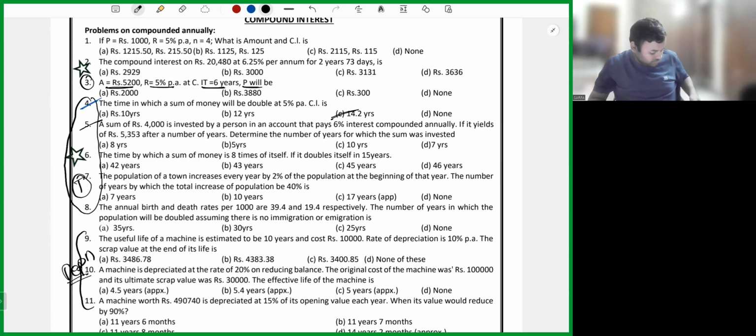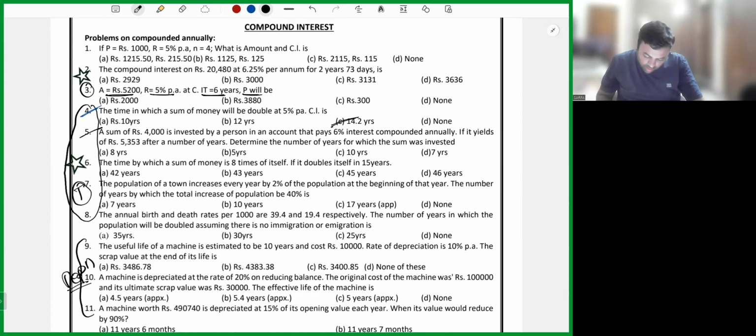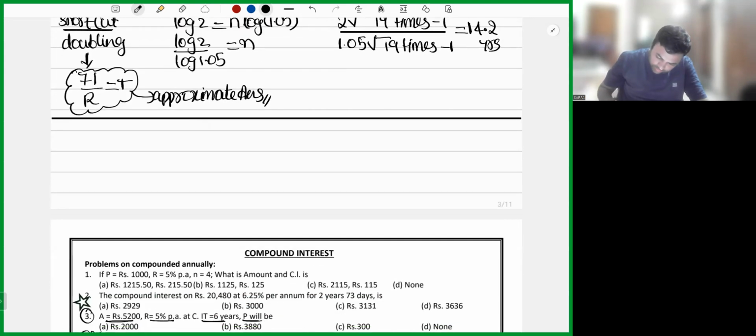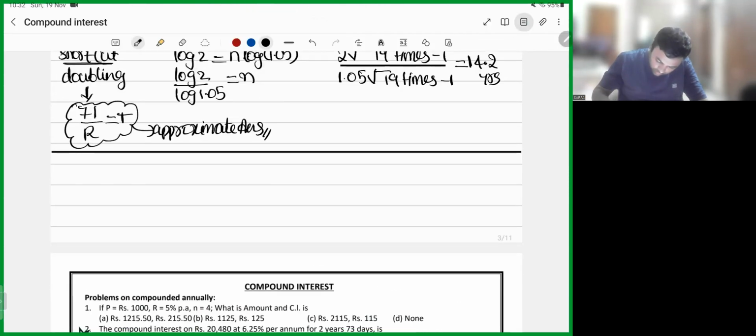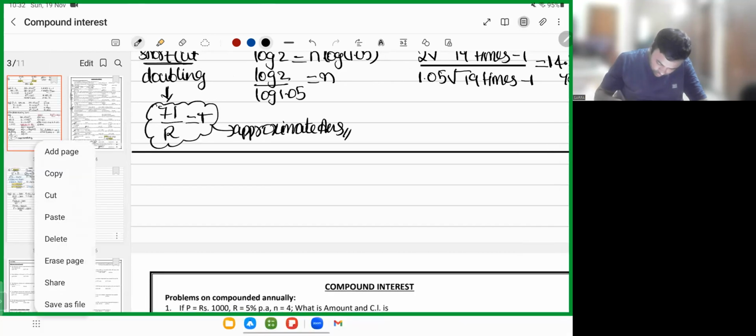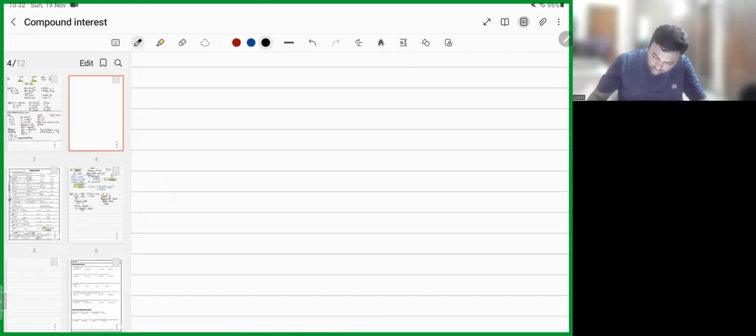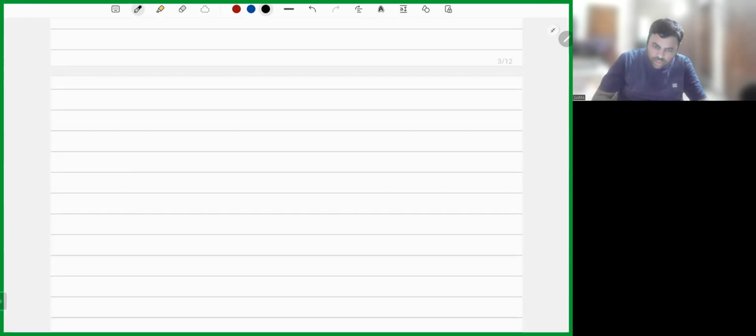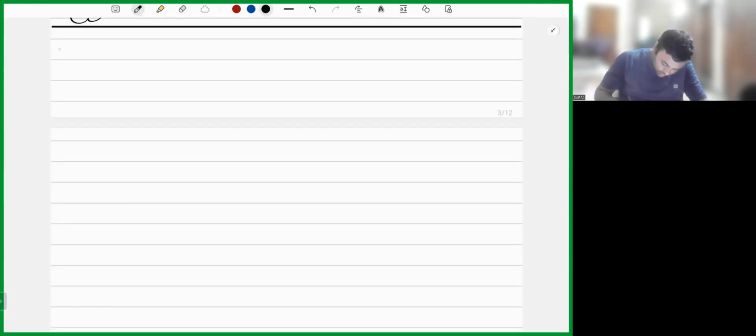So let us look into this question number 5. It is simply telling a sum of 4,000, principal 4,000, is invested by a person in an account that pays 6% interest compounded annually.